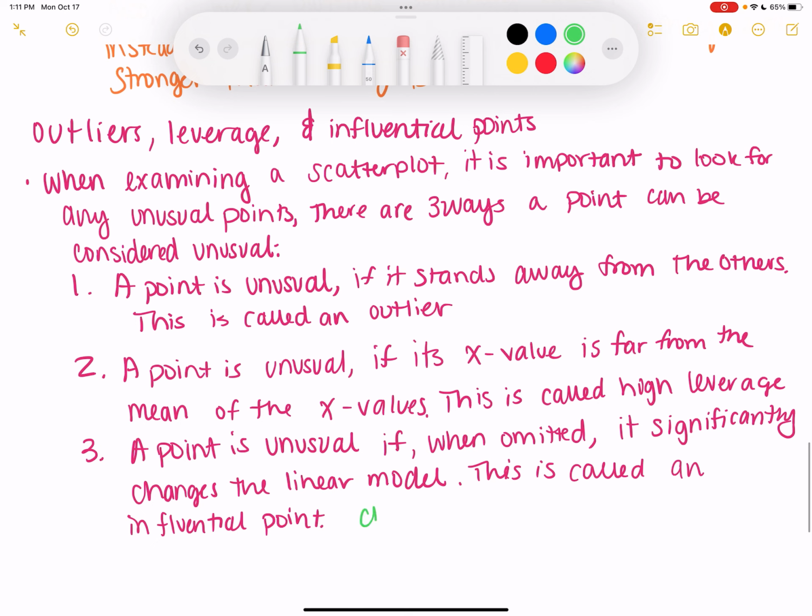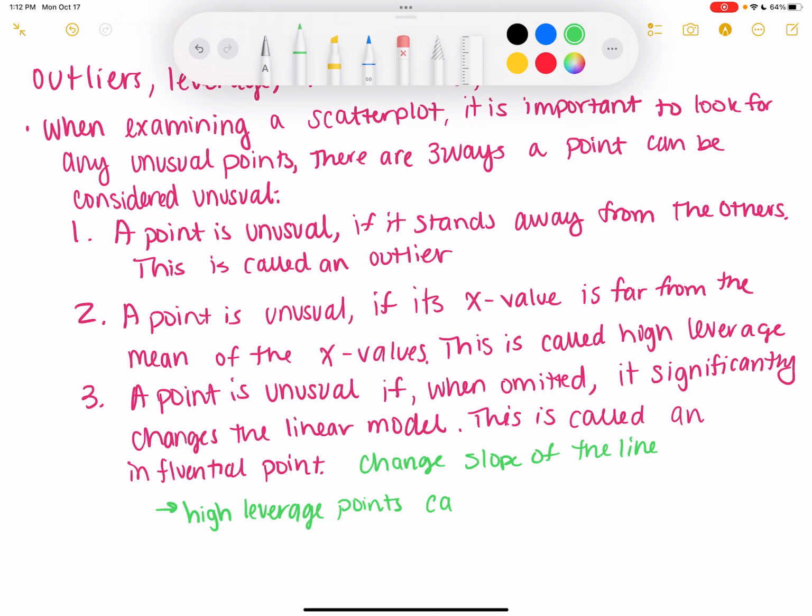This will change the slope of the line. And then just something else to note is that high leverage points can also be influential, but they don't need to be.